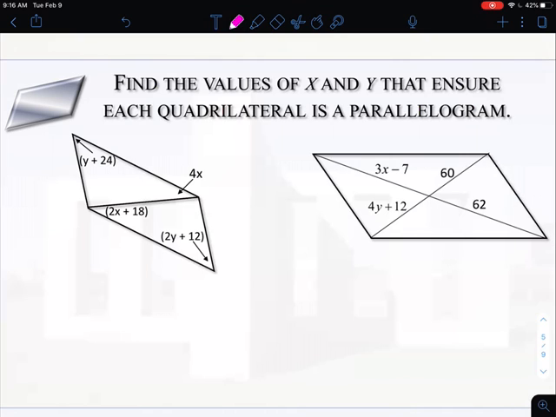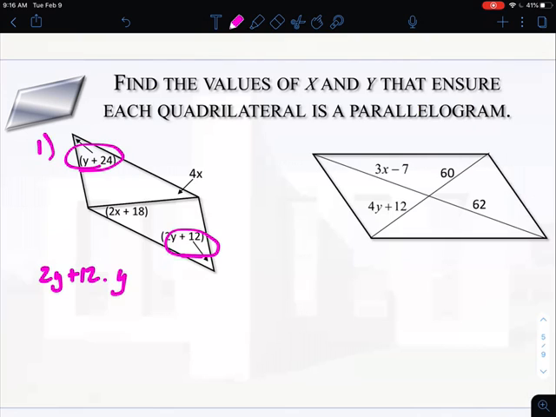If you get to a problem like this, it says find the values of x and y that ensure each quadrilateral is a parallelogram. So basically they're saying make sure that we find x and y so that these do become parallelograms. So first thing, if we're looking at this first example over here, I have this 2y plus 12 and this y plus 24. Those are opposite angles.